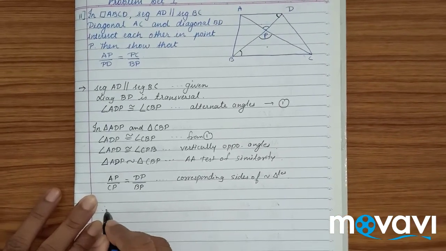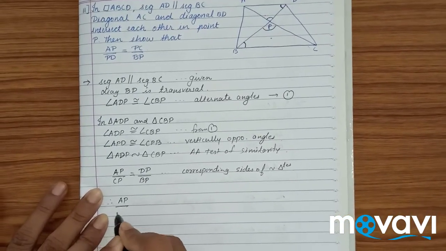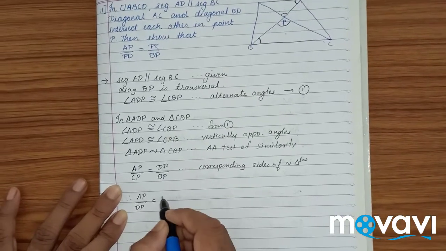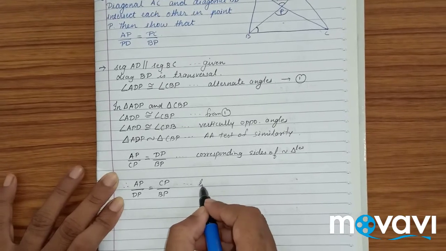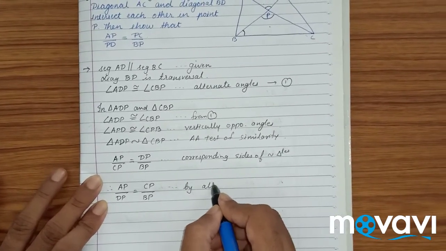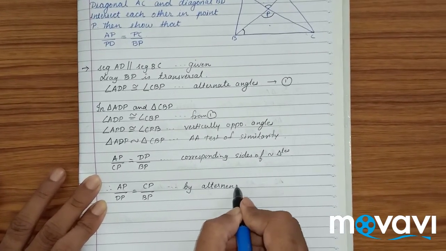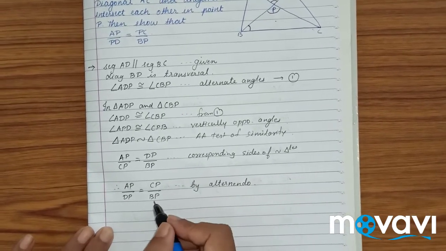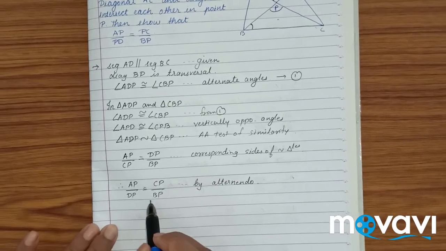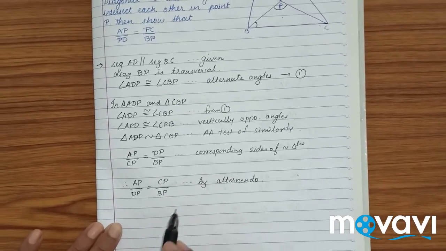If I have to change, I will write like this. AP upon DP is equals to CP upon BP. And what will be the reason? By alternando. I hope you remember what you studied in 9th standard. We are making use of it. Okay, and this is what was expected. This is the proof.